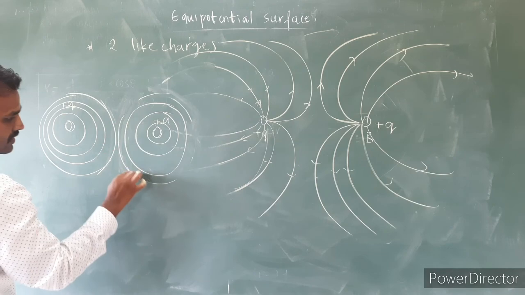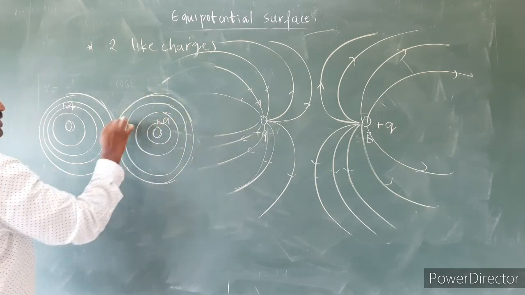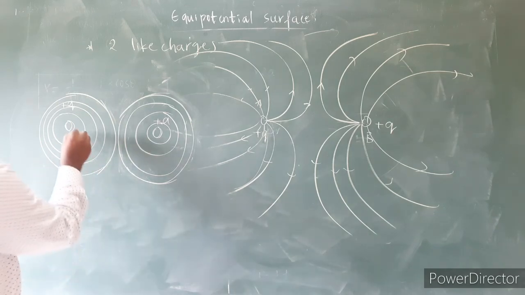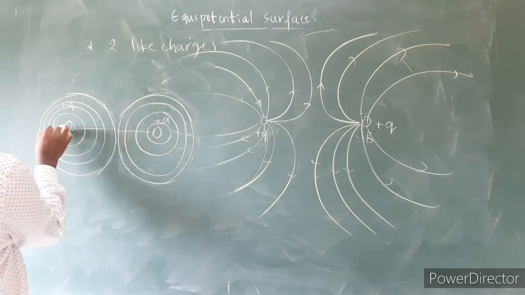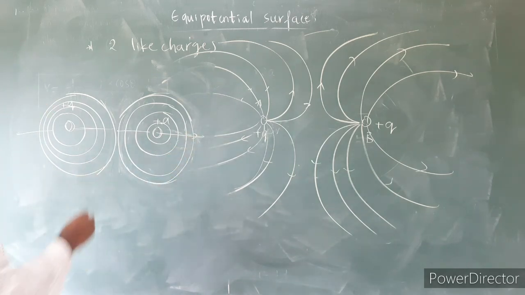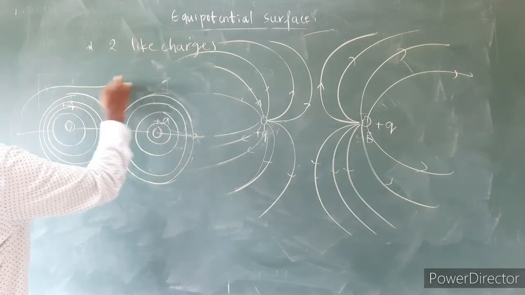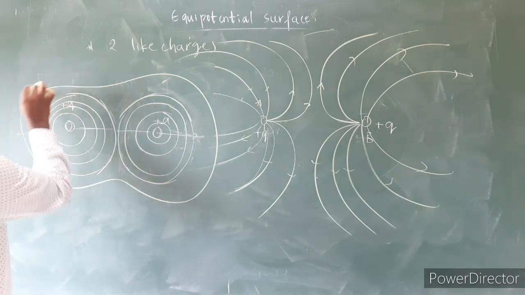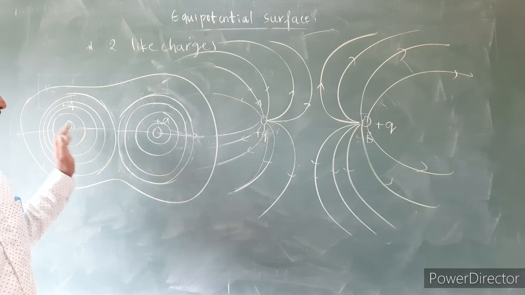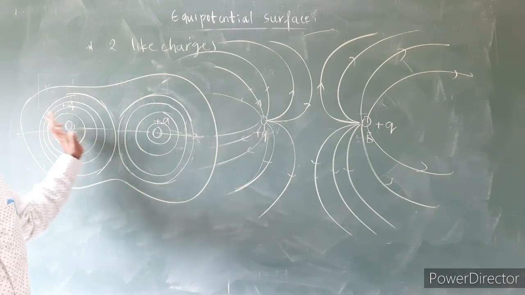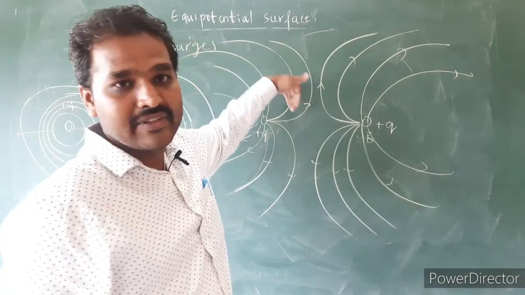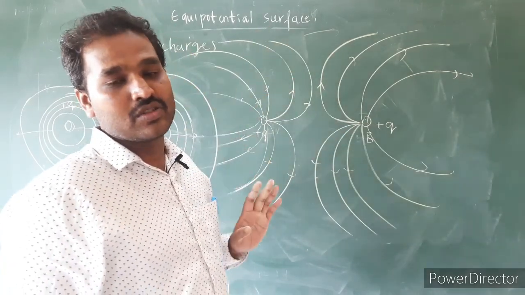So this is how the equipotential surfaces are distributed. I will have an equipotential surface something like this for a pair of two like charges. Either they can be positive charges or negative charges. If I have negative charges here, these electric field lines will be moving towards the source charges.